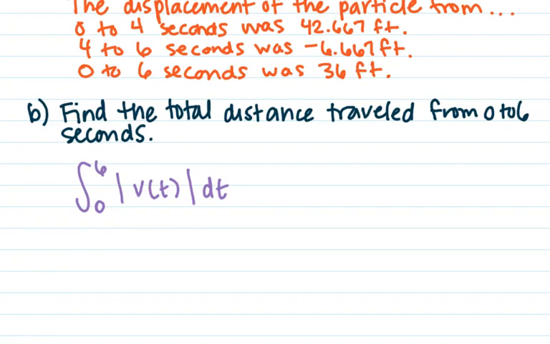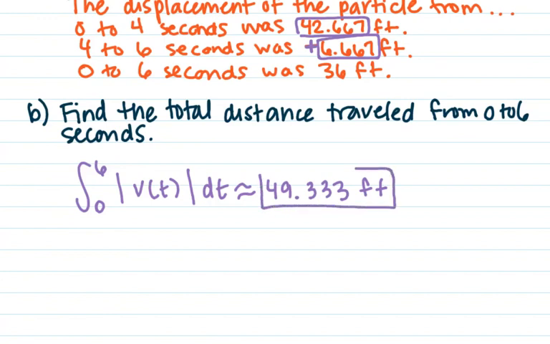So your calculator should give you approximately 49.3 repeating as a result, which again is simply this original area plus this second area. So it should make sense that that's what's happening in our calculator when we ask it to do that. Alright, and this will conclude our video on net change examples.